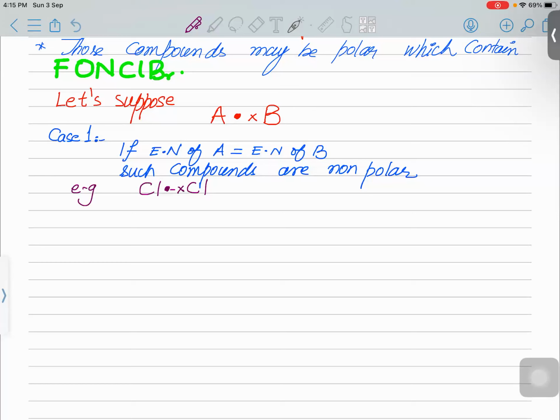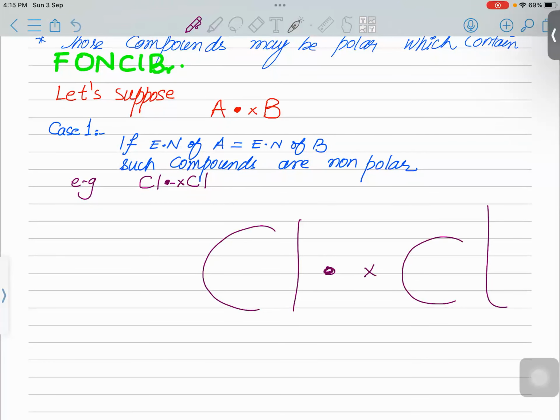Rabia, are you getting my point or not? I think you are not sure. Now listen, look here. This is chlorine, this is chlorine, now bond is developed, right? Electronegativity means power to attract this bond pair. Both chlorines have same power to attract this bond pair.